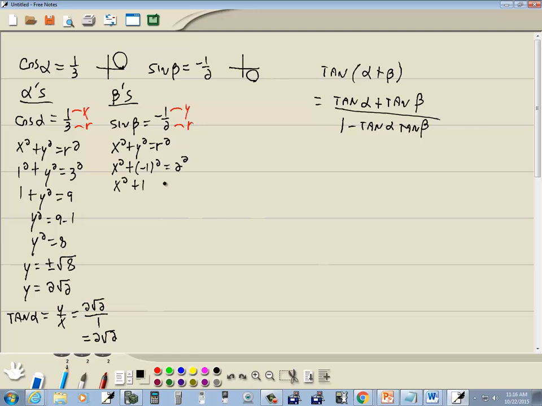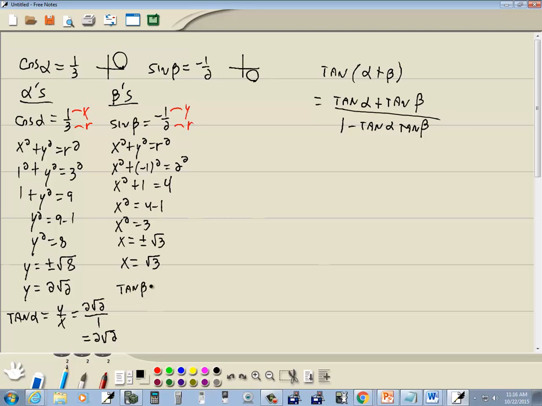So I got x squared plus 1 is equal to 4. Take the 1 over, becomes a negative 1. And we get x squared is equal to 3. Square root property. You drop your squared, you put a plus or minus square root on the other side. But in quadrant 4, our x values are positive. So we're going to drop the negative and keep positive square root of 3.